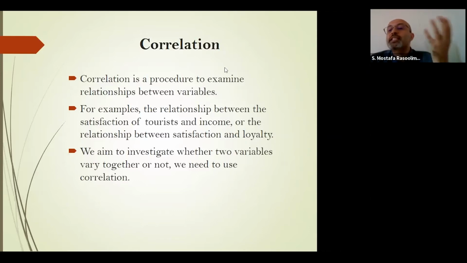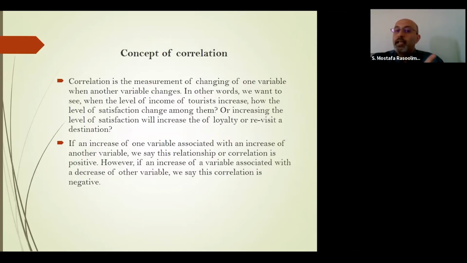So by increasing one variable, we can see change in another variable. By changing one variable, another variable will change. So this is the concept of correlation, right? Okay. So this is another characteristic of correlation.